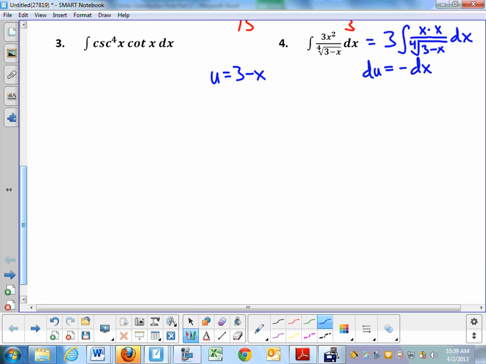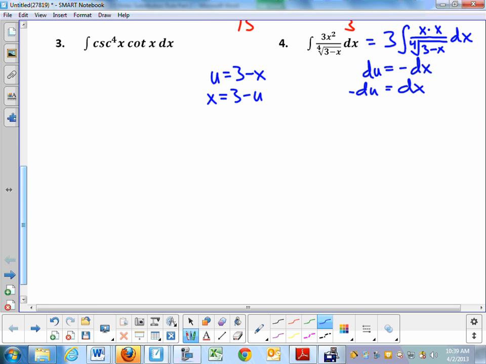So, can I solve for x here? Yeah. So we have negative du is dx. So we have that substitution we can make. And as Chrissy said here, you end up with x equals 3 minus u. Very good.